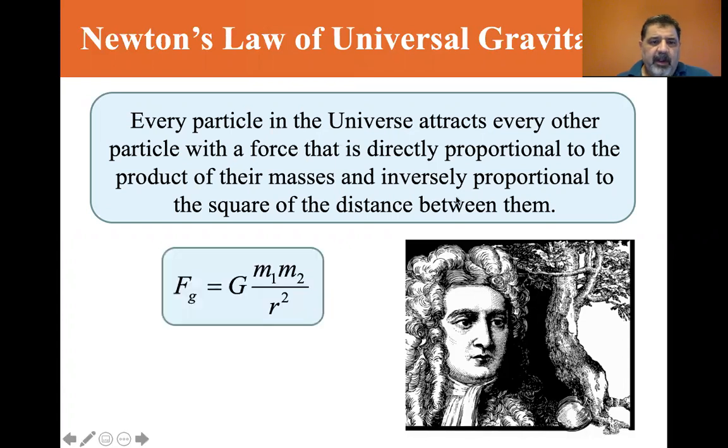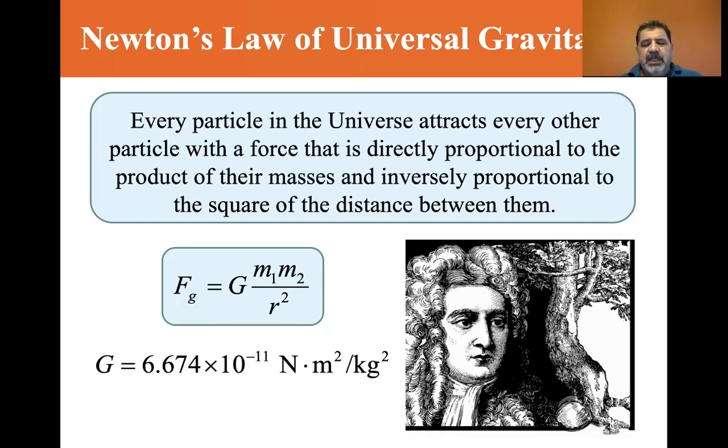The formula that he came up with: gravitational force is equal to G times the product of the masses, M1 times M2, divided by the separation distance squared. And G, the constant, is 6.674 times 10 to the minus 11 newton meter squared per kilogram squared. So that's Newton's famous law.